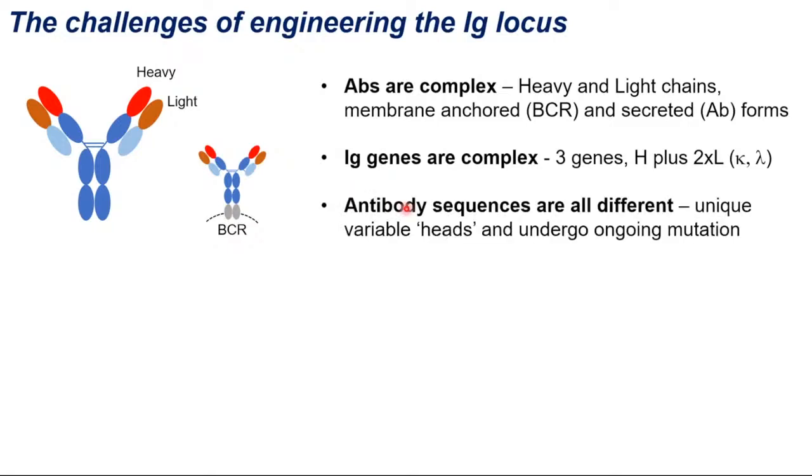And in addition, all antibody sequences are different. That's why they work. In particular, these head regions, the red and the brown components, one comes from the heavy chain, one comes from the light chain, and they bind together to create the unique variable head of the antibody that recognizes every different antigen. And remember, they undergo mutation.